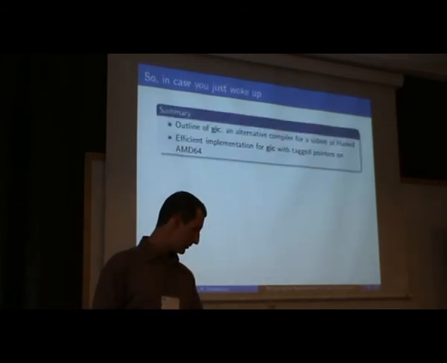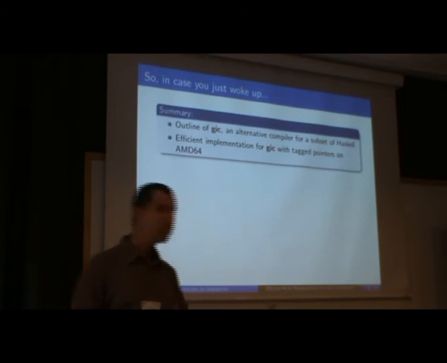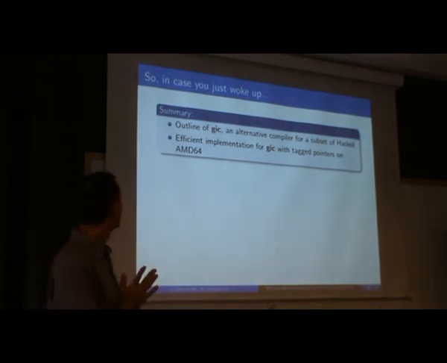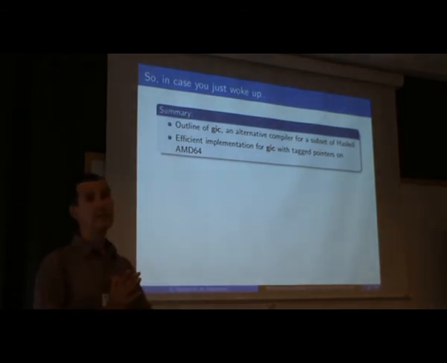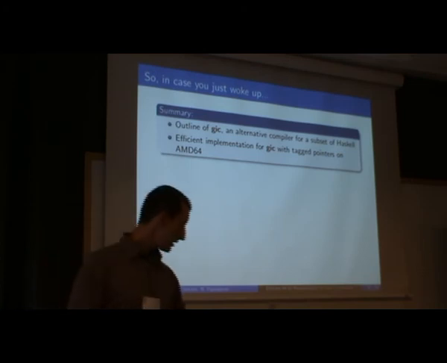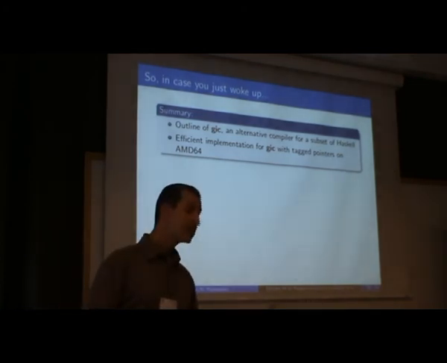So, in case you just woke up, what I presented is an outline of GIC, George's compiler based on intentional transformation and lazy activation records, and how we take advantage of tagged pointers in the AMD64 architecture.